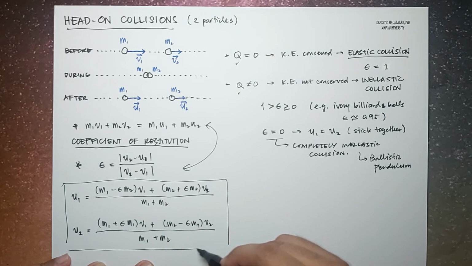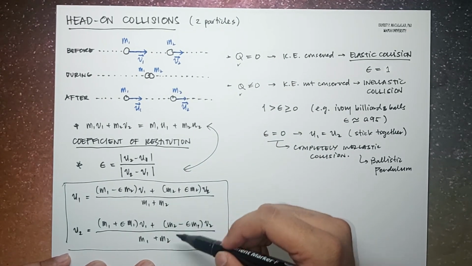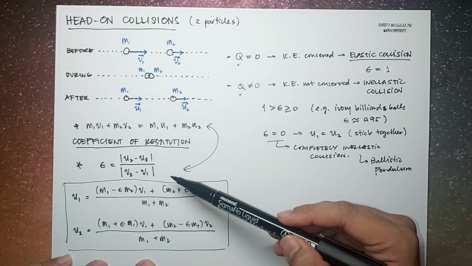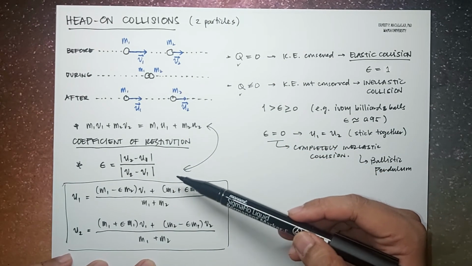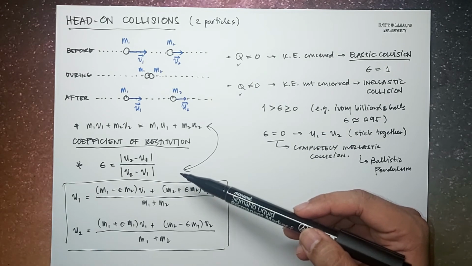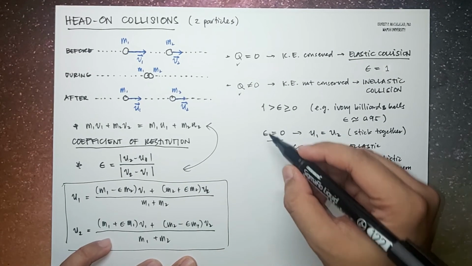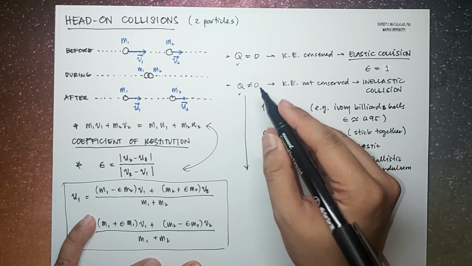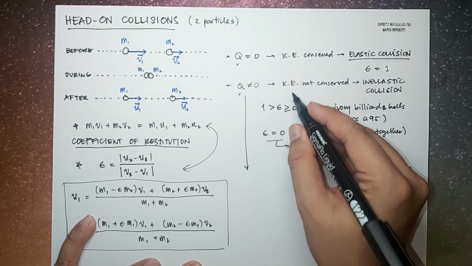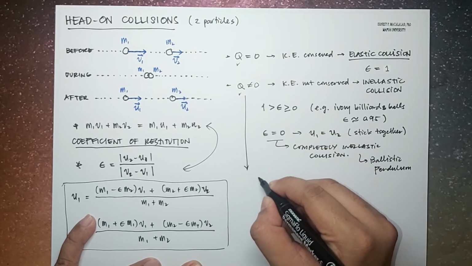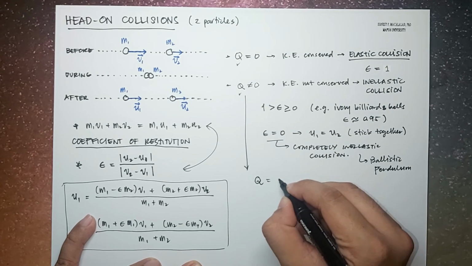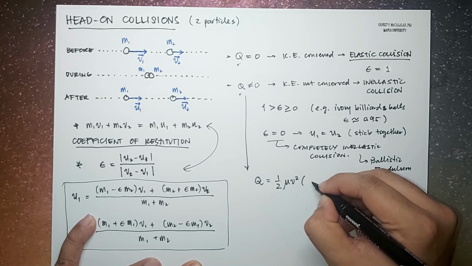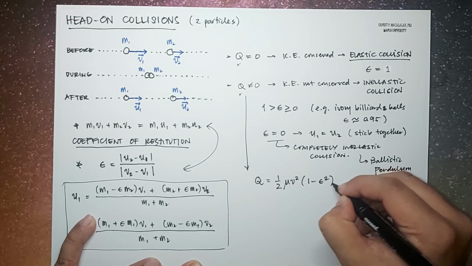Again, you can derive these two equations by combining the equation for conservation of momentum and the coefficient of restitution. And finally, in general, for inelastic collisions, because there's energy lost, in terms of the coefficient of restitution epsilon, this Q is equal to 1/2 mu v squared times 1 minus epsilon squared.